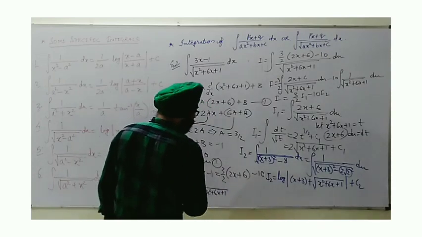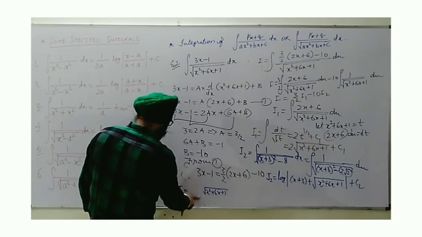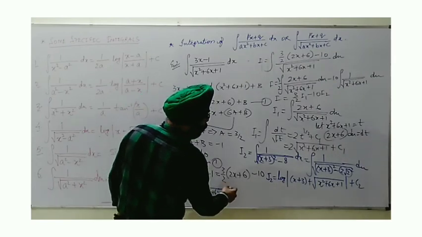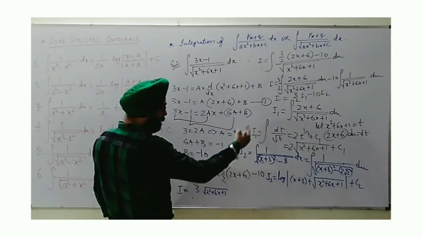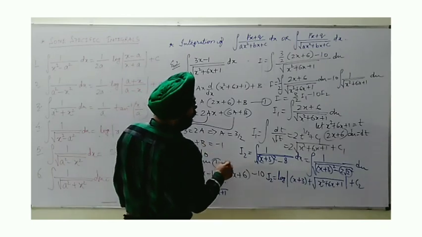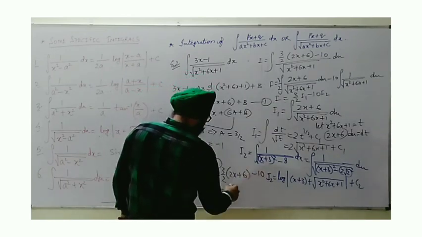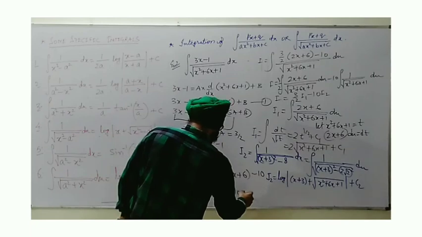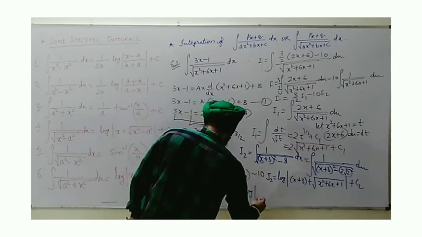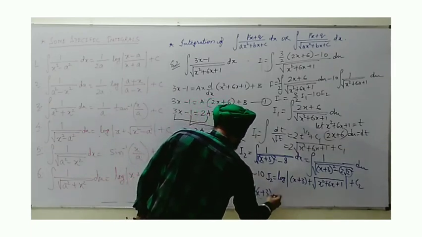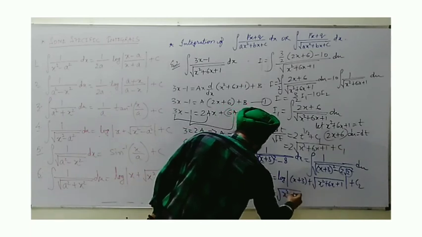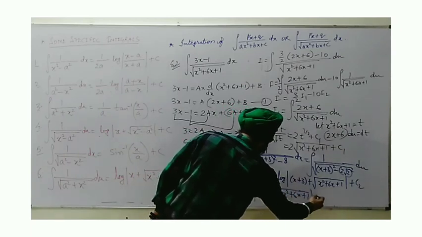So obviously we will get thrice of root x square plus 6x plus 1. That C1 and C2 will be adjusted as one constant C, and later on minus 10 and the value of I2: minus 10 log of x plus 3 plus root x square plus 6x plus 1, plus C.